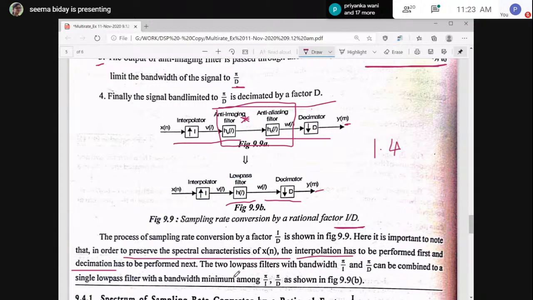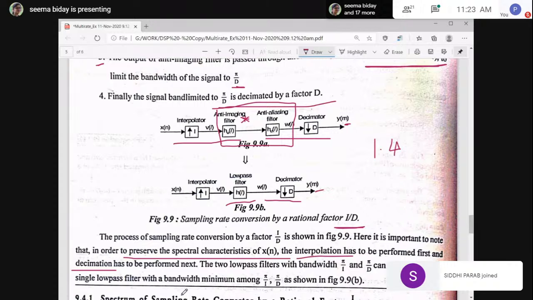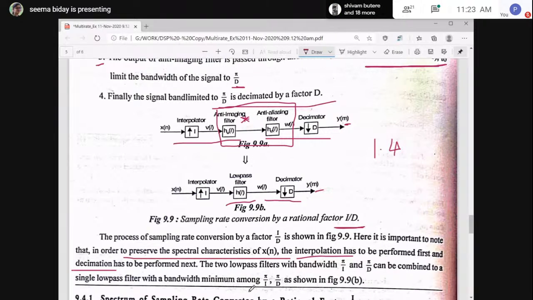Now, the two low pass filters with bandwidths of pi by I and pi by D can be combined into a single low pass filter with a bandwidth equal to the minimum of pi by I and pi by D.